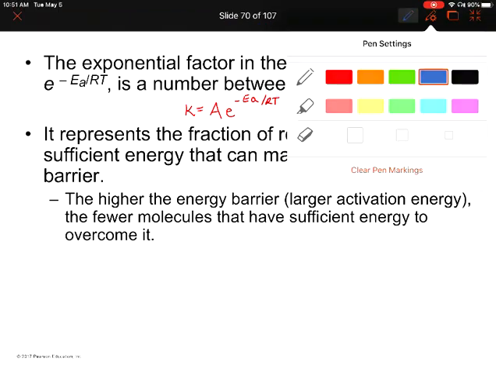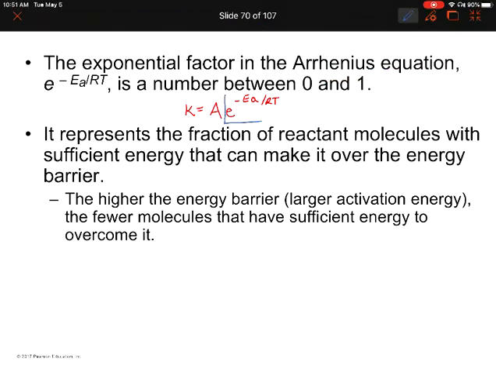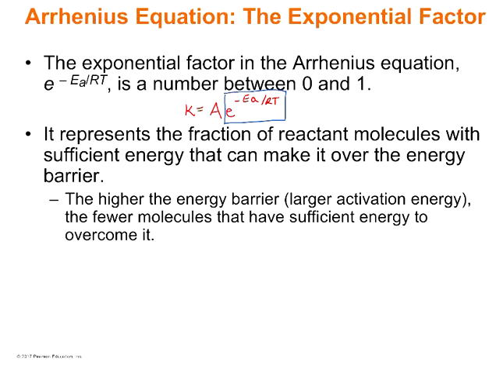If we just isolate that exponential part of the equation, that will always be a number between 0 and 1. And that represents the fraction of reactant molecules with sufficient energy that can make it over the energy barrier.